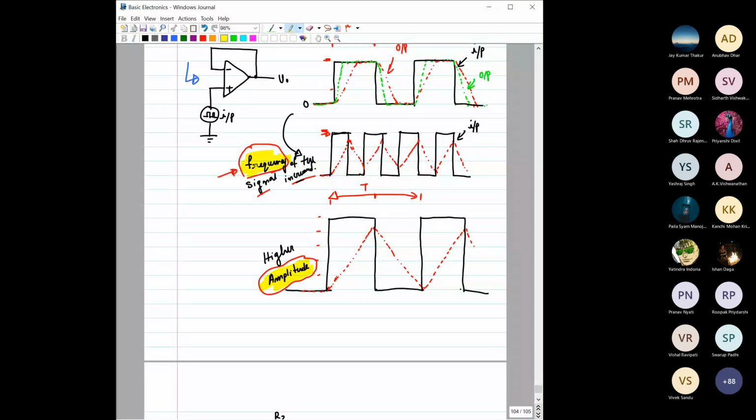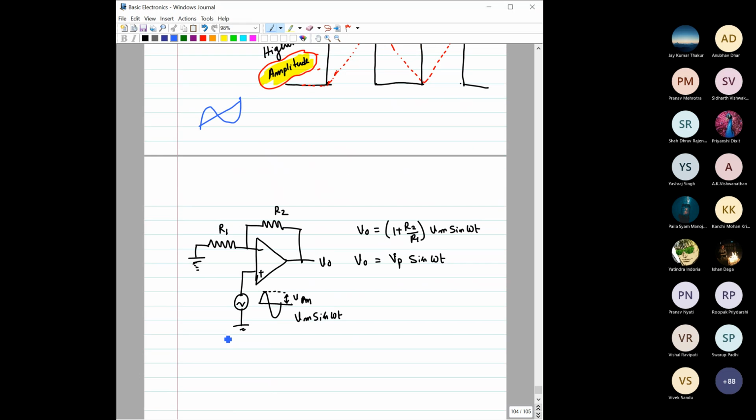For a square wave signal it is pretty difficult, because here the rate of change of output at this point is very high, so no op-amp can exactly follow this path. But if you have a sinusoidal signal, then the rate of change of the output is expected to be quite low, right? So let us see that for this case.